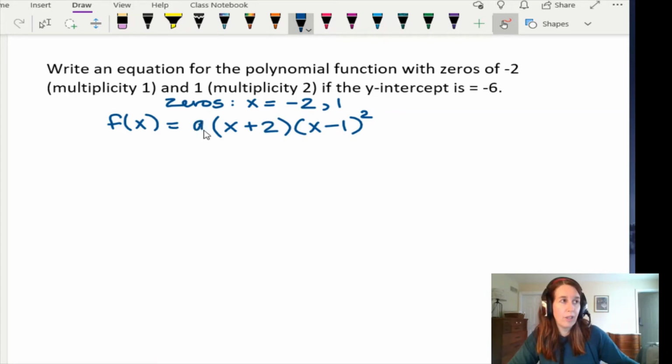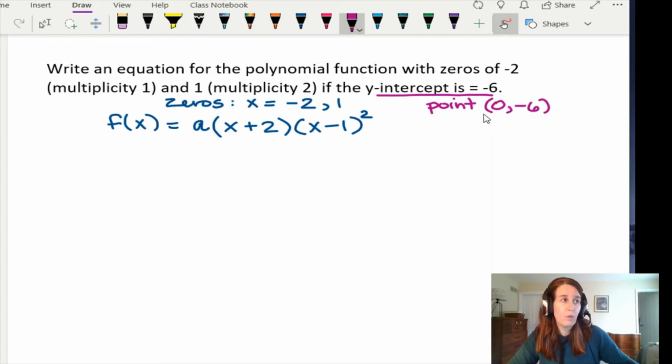So we're going to put an A for that leading coefficient, and we are going to need to solve for it. Okay. So the way that we will solve for it is using that y-intercept as another point on the graph. So if the y-intercept is -6, then we would know that the point on the graph that we know about is (0, -6).